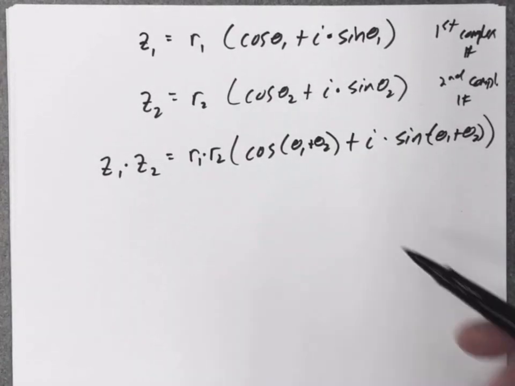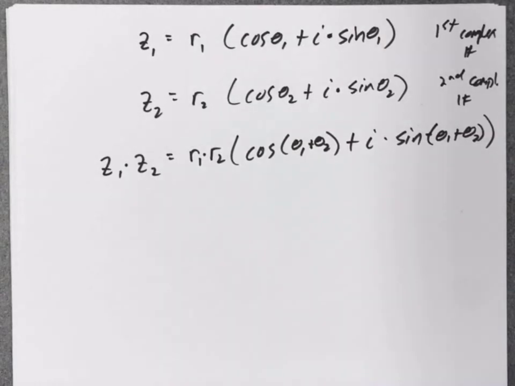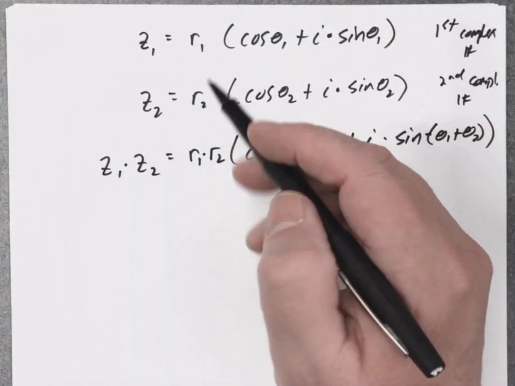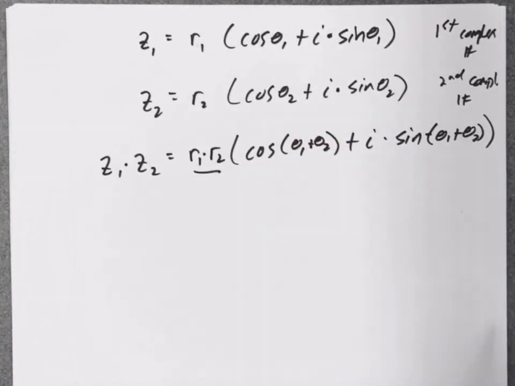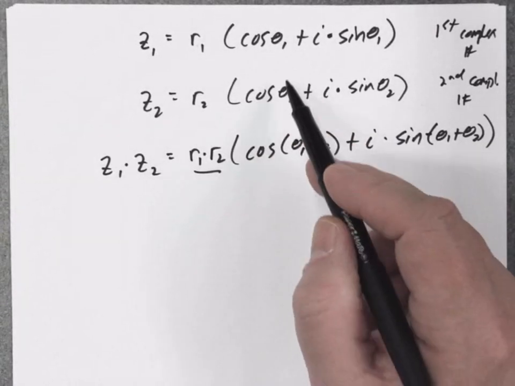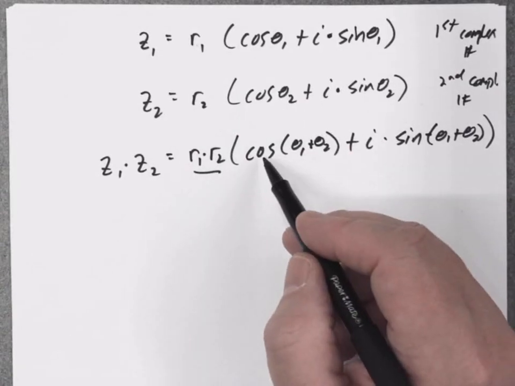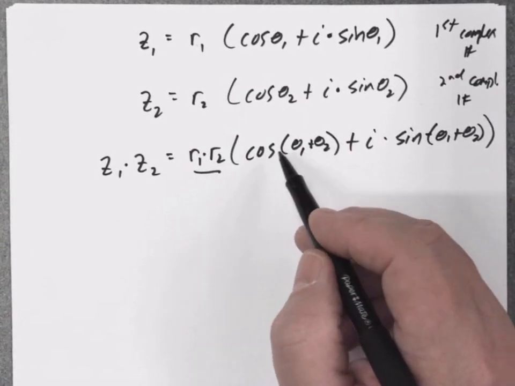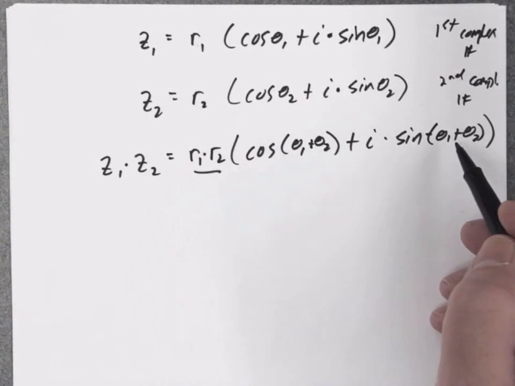So if you're multiplying two complex numbers, you multiply the r's, and then you take the two angles and you add them together, and that's what goes inside the cosine and inside the sine.